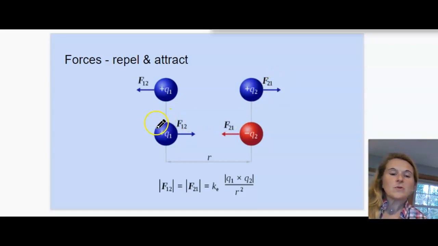And here we're talking about a nucleus and an electron, and they are going to be attracted to each other because they are opposite charges. So we can use Coulomb's law to calculate this force, but we need to keep in mind whether that force is one of repulsion or one of attraction.